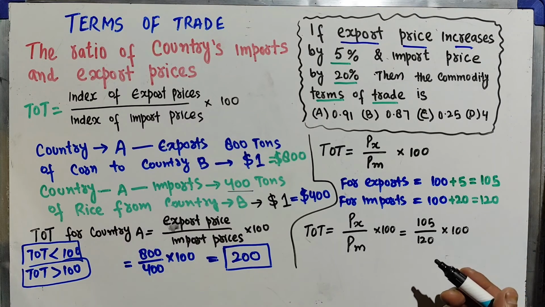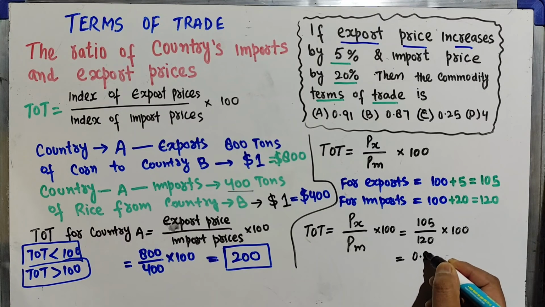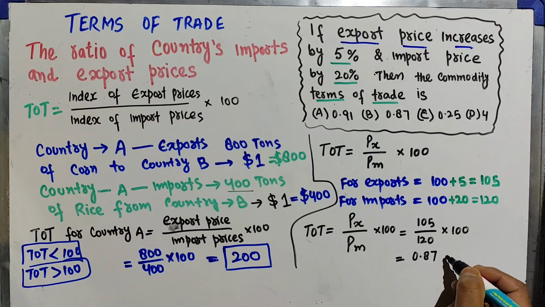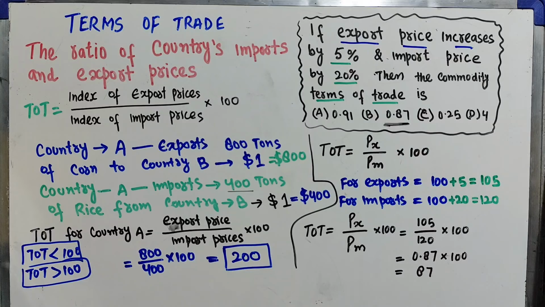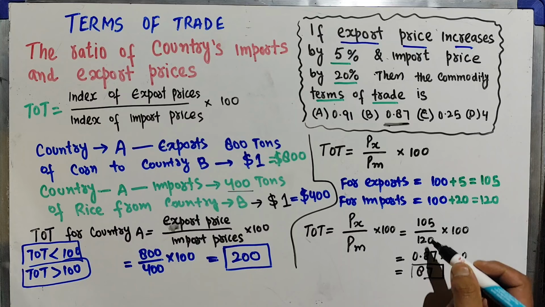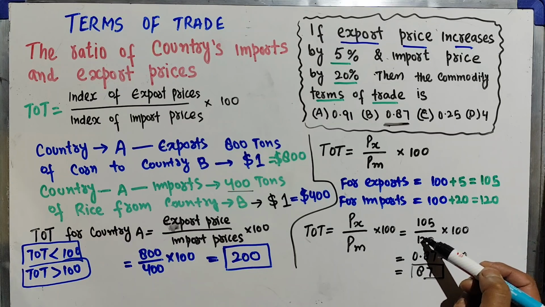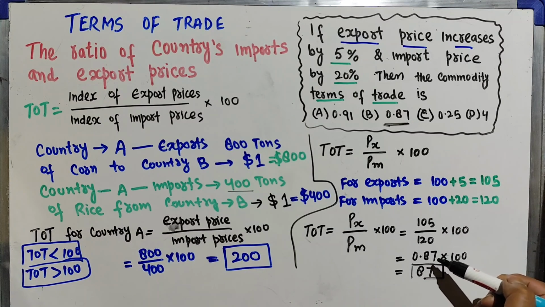So it will come out to be 105 upon 120 into 100, which is 0.87 into 100, or 87. But since the options given here are like 0.87, it is in percentage form, so we can simply write 105 upon 120, which is equal to 0.87. We don't need to multiply it by 100 here.